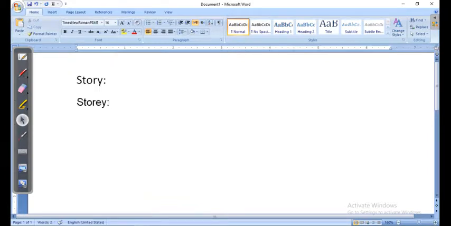First, when you have to use these words in sentences, you must know the meaning of these words. This story means tale, TALE. This storey means floor. First floor, second floor, third floor. I live on the fourth floor.